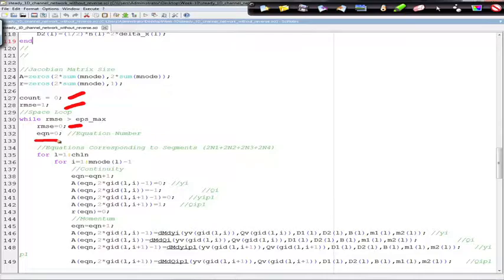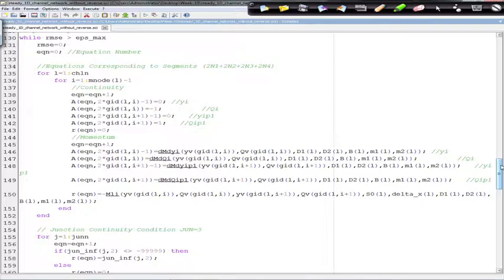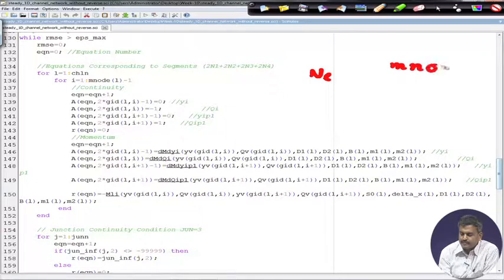Now, for each channel segment, the number of segments will be one less, because it is for NL, and M node is equivalent to NL plus 1.